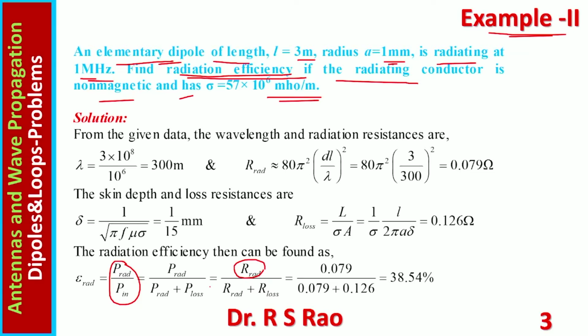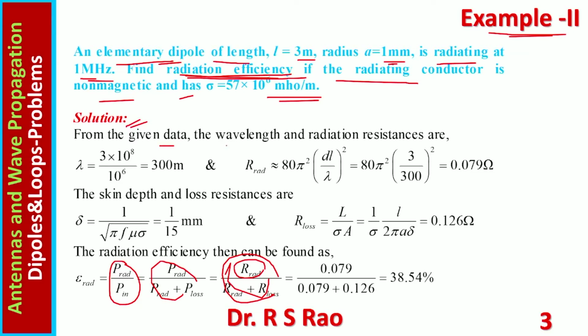Now we need radiated power and loss power, or radiation resistance and loss resistance, to compute radiation efficiency, either this or this. We try to evaluate radiation efficiency using the second formula, which requires radiation resistance and loss resistance. How radiation resistance is computed, how loss resistance is computed, we see in the solution.